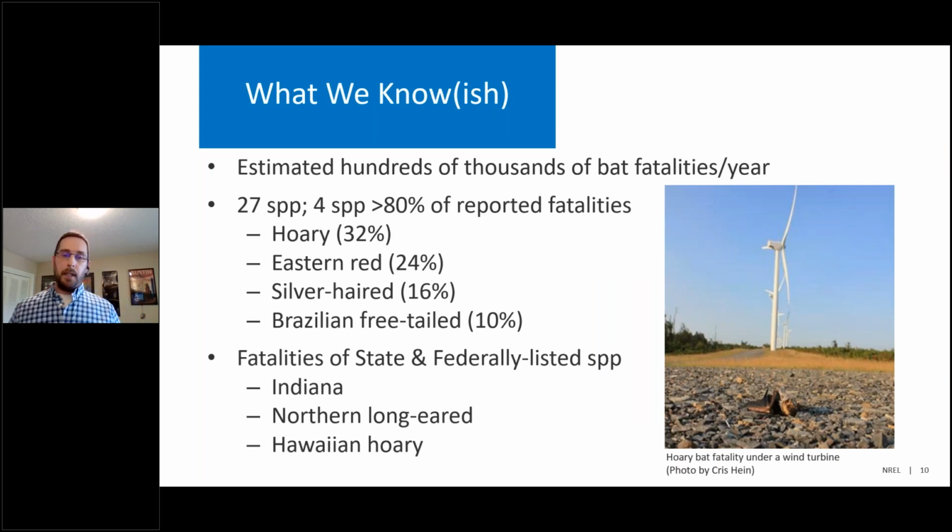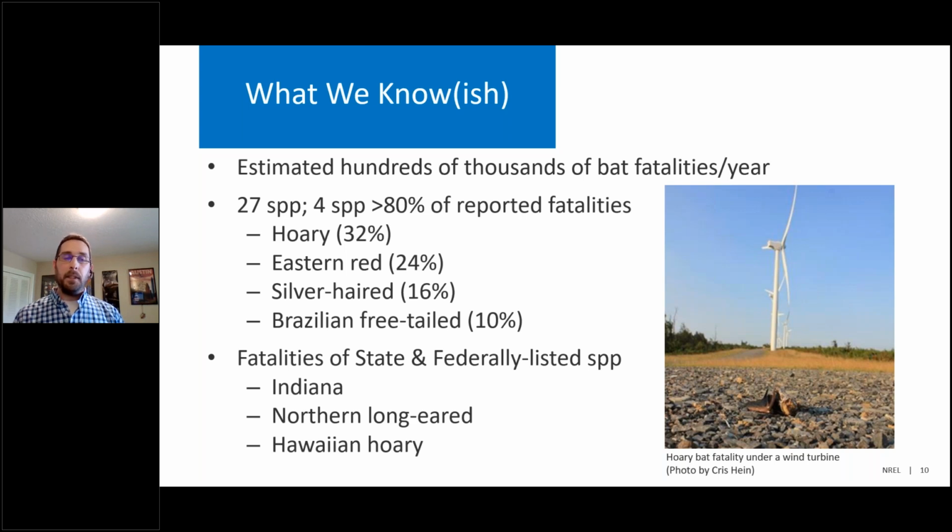So we've learned a lot over the past 16 or so years, but there's still a lot of uncertainty and gaps to fill. So I'm hedging a little bit, and we'll say that these are the things that we know-ish, that we have some level of confidence in, but additional data can help refine or hone in on some of these questions. So based on the studies that have looked at cumulative fatality rates, they've estimated hundreds of thousands of bat fatalities per year.